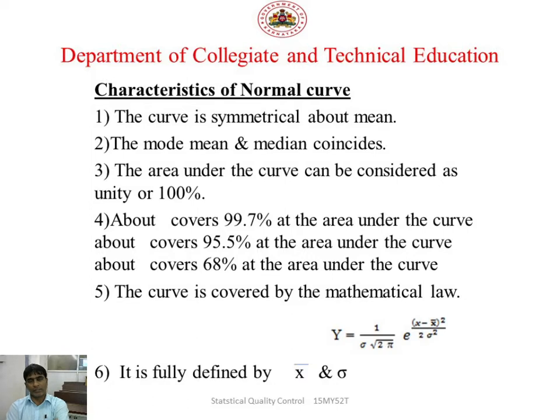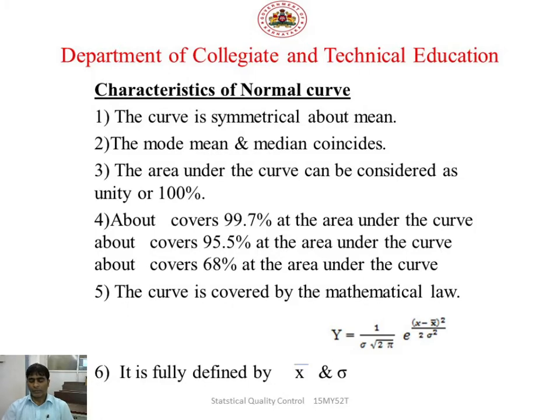These are all the characteristics of a normal curve. In many question papers you get the question, explain the characteristics of the normal curve, so the student should be very familiar with them.